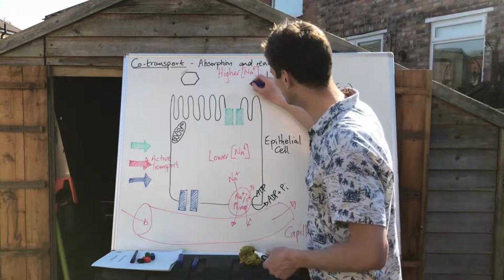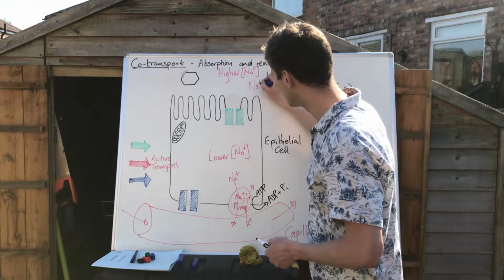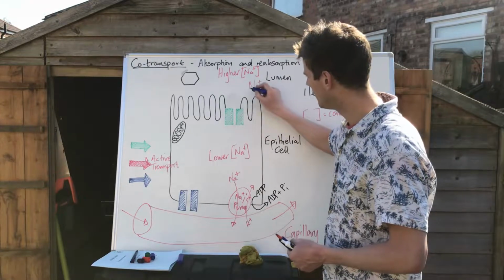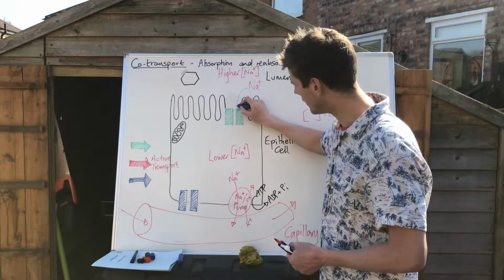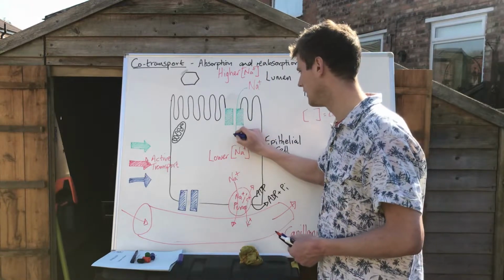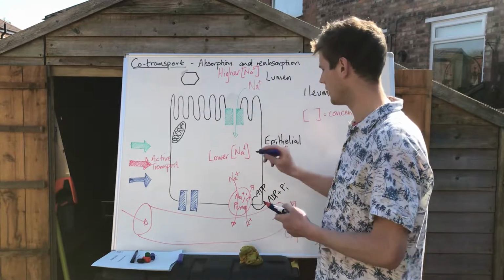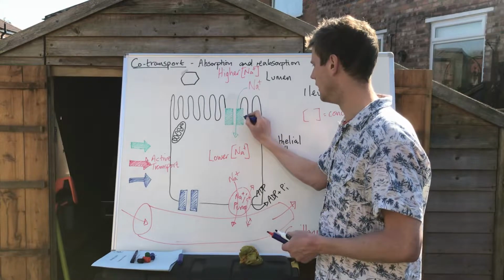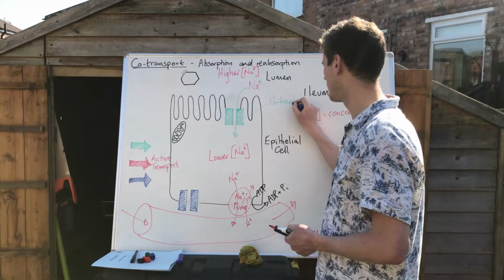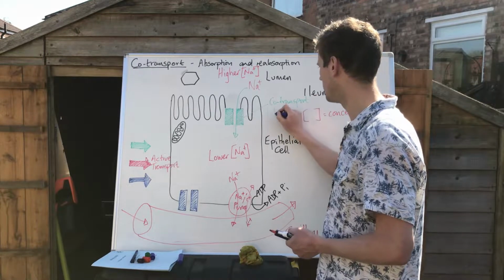So the sodium ions move from the lumen down their concentration gradient through this protein here. And this protein is known as, well, we could call it a co-transport protein.